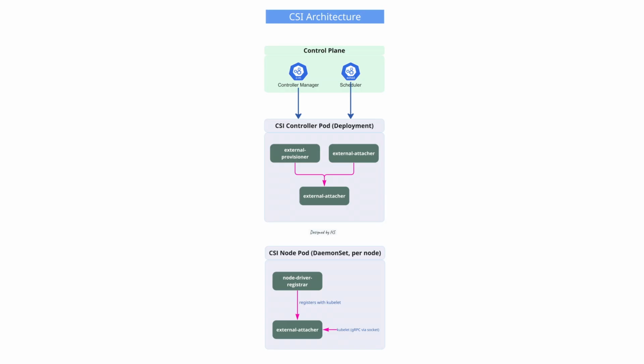That handles the node-local operations: staging the volume, mounting it into the pod, and unmounting it when the pod stops. When you're looking at the CSI driver logs during a storage failure, knowing which component handles which phase tells you exactly where to look.